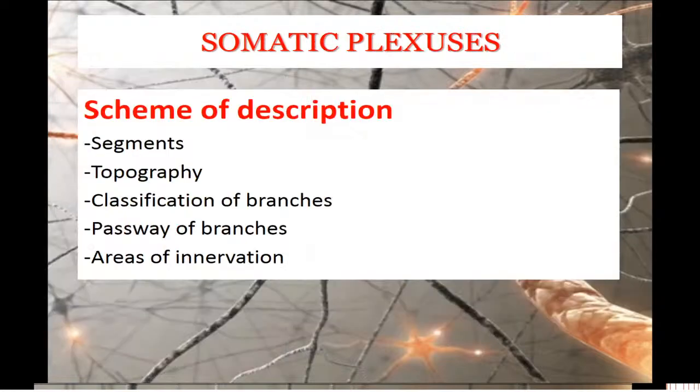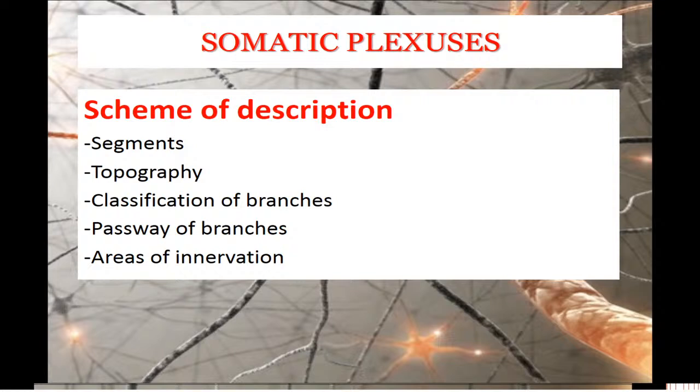And now we continue talking about the somatic plexus. When you describe a somatic plexus, you usually have to describe it according to the schema. First you have to describe the segments forming this plexus, meaning the origin of that somatic plexus.